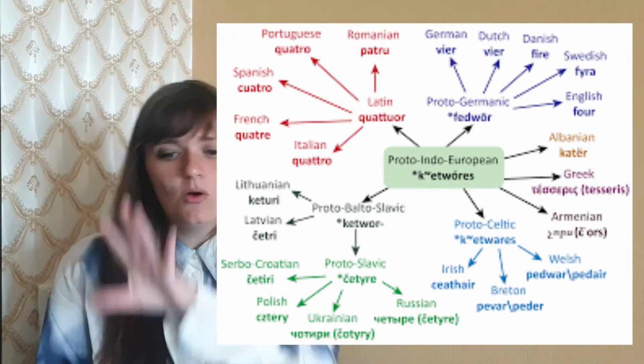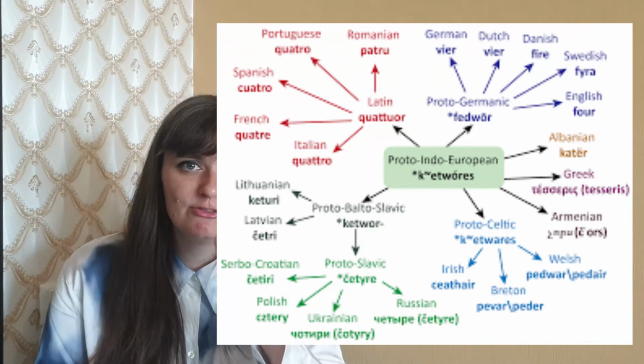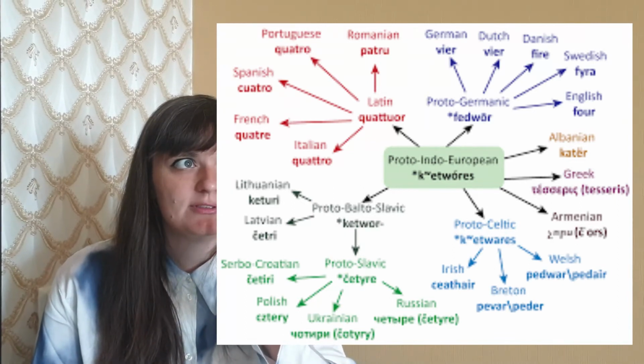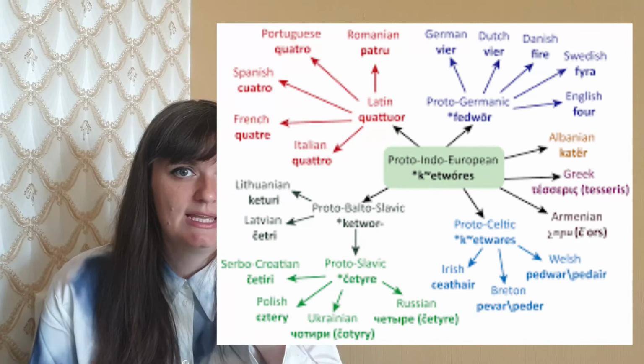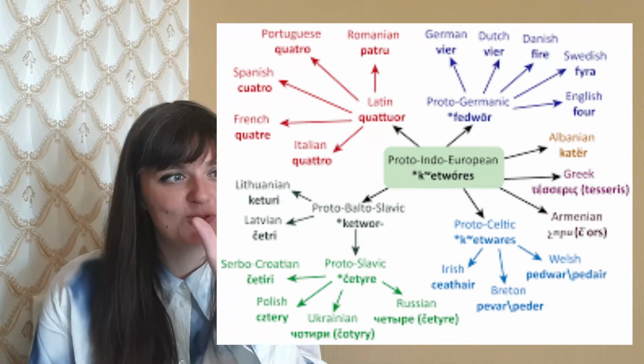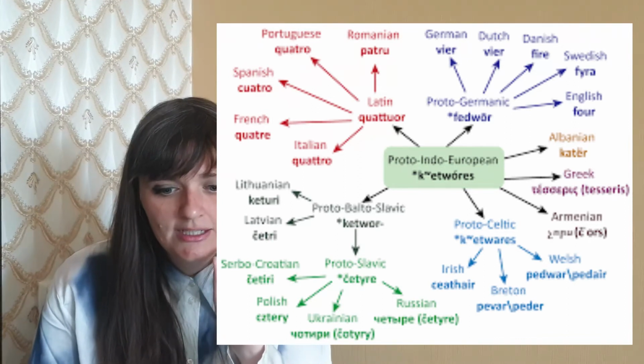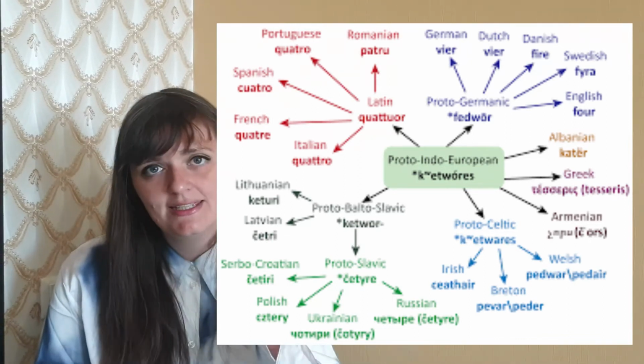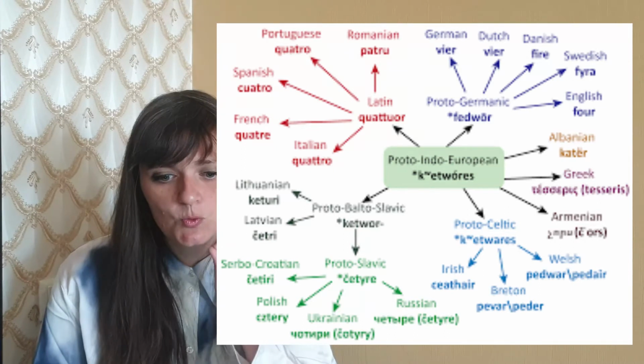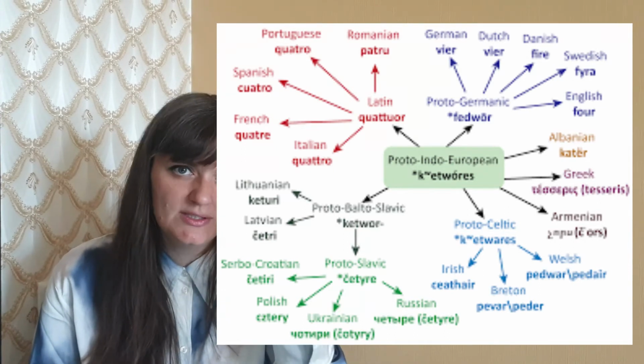And then you take all of these reconstructed versions of for from 2,000 years ago. And then you use them to guess what the one was before that even. And so you take the k or qu from the Latin and Balto-Slavic languages, quatuor. Okay, so it must start with a qu sound.